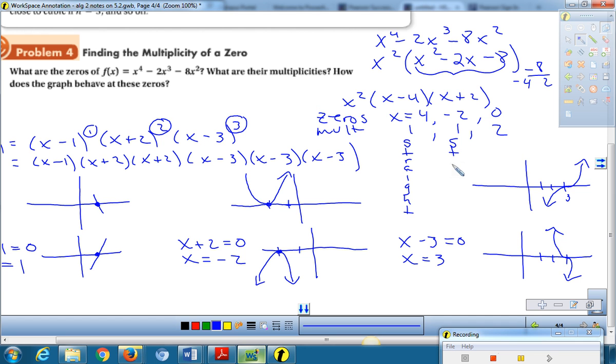Straight through. And what happens at 0? Bounce. So when it talks about what it does on the graph, it's straight through, bounces off, or S's through. Okay? So there's our work for this problem.